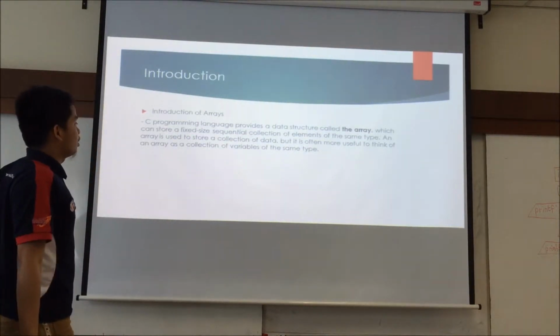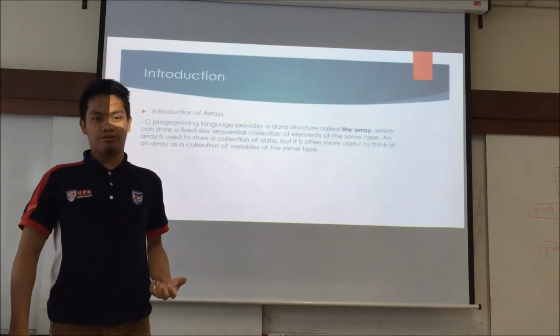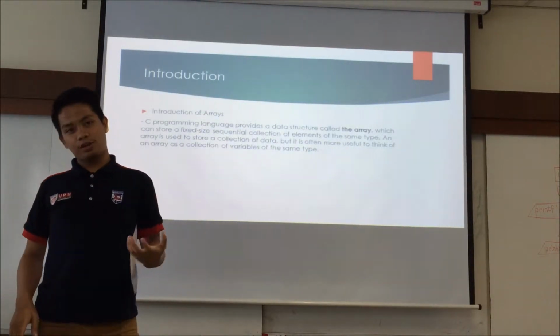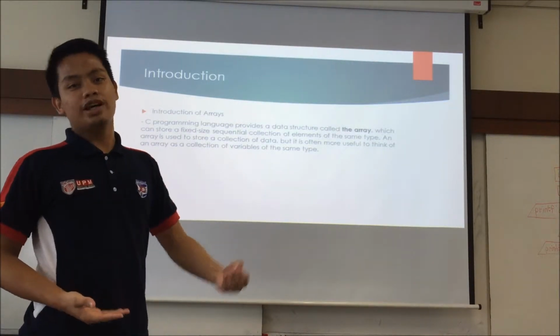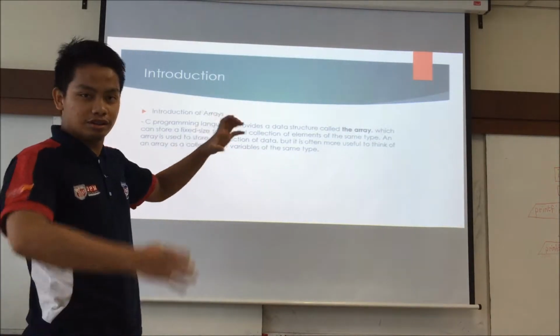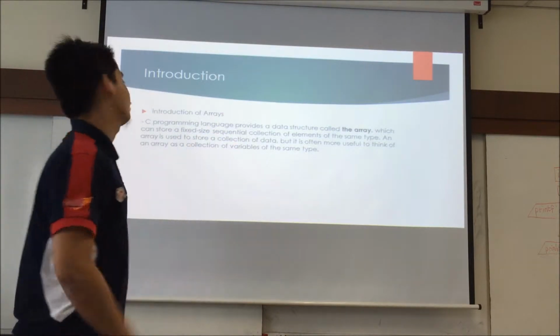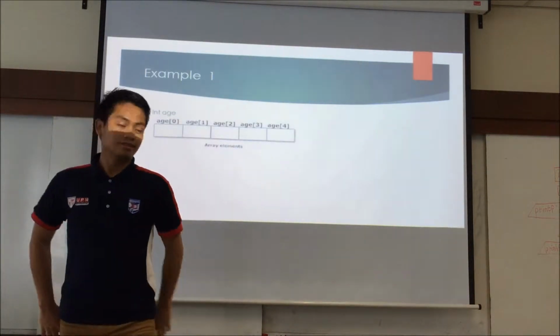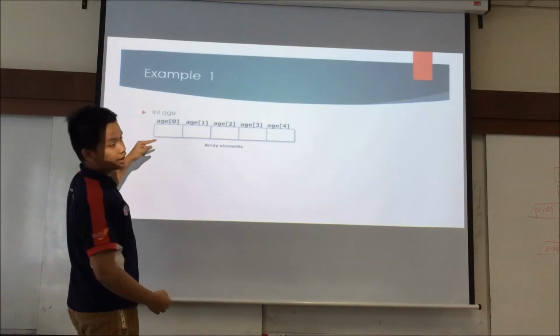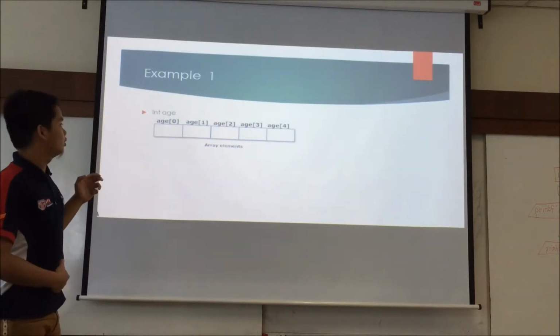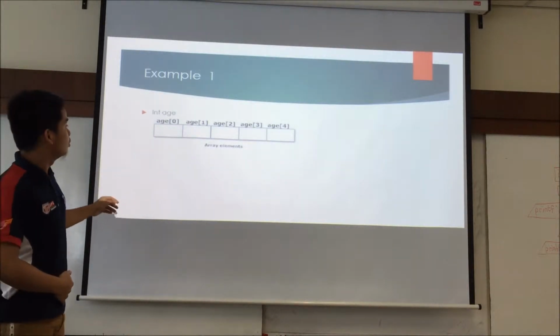How many variables do you want to save? For example, in our coding, we want to save a contact number, 3 numbers, and the array will hold 3 numbers only. Next, this is a coding example in C programming.